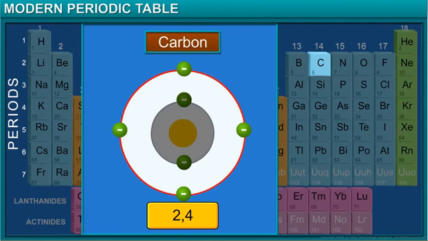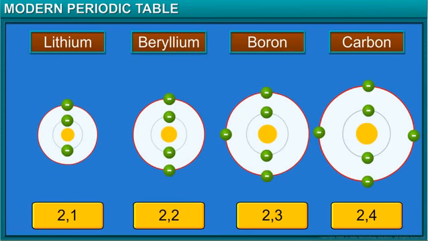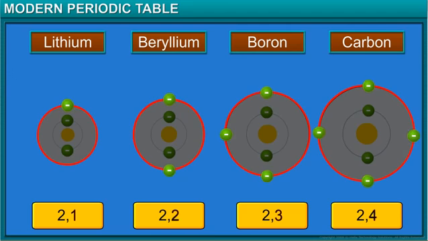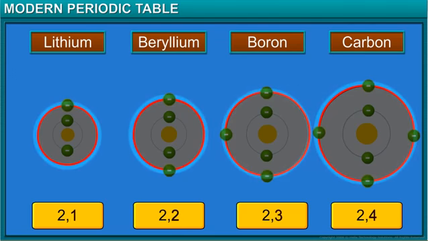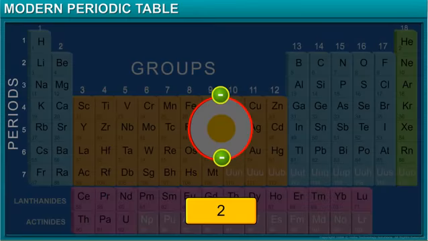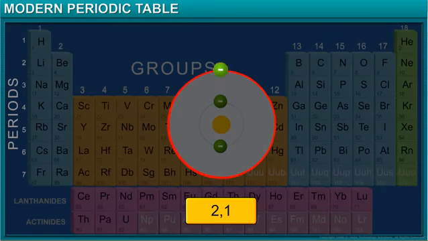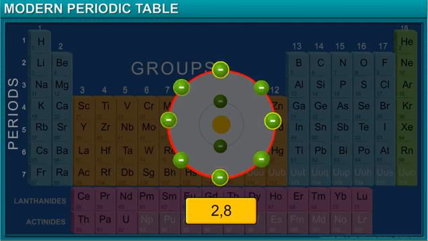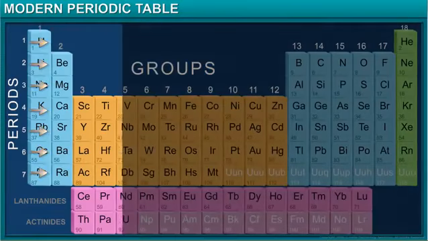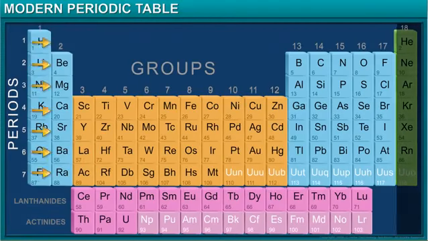And so on. We can see that these elements do not have the same number of valence electrons, but they have the same number of shells. The number of valence electrons increases by 1 unit as the atomic number increases by 1 unit on moving from left to right in a period.